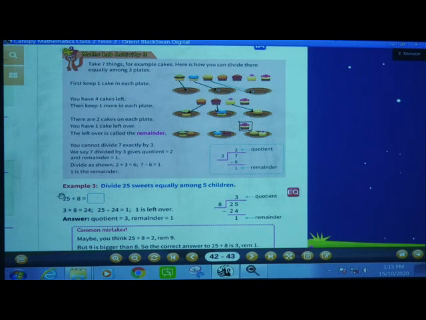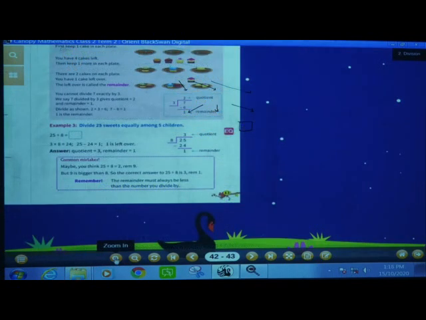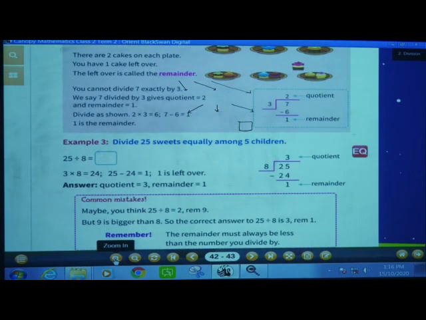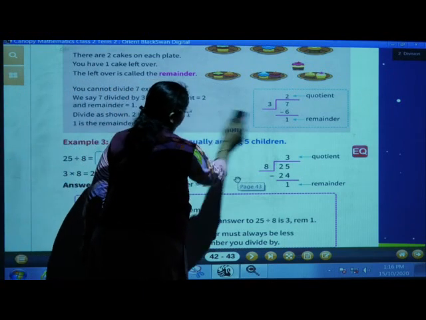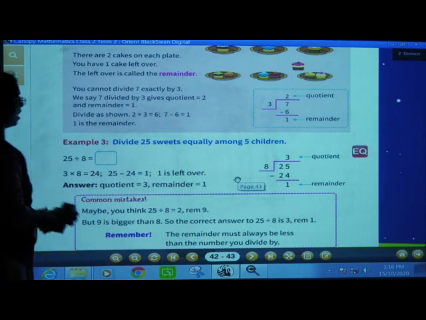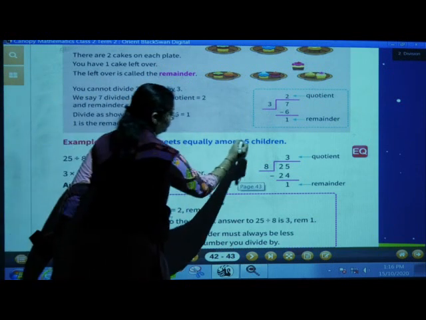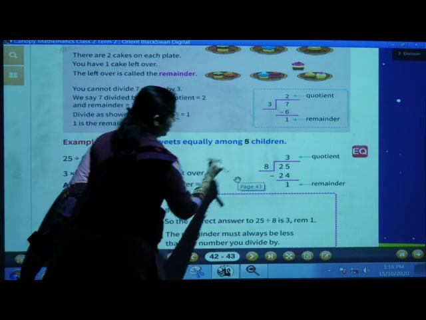Another example. Divide 25 sweets equally among 8 children.